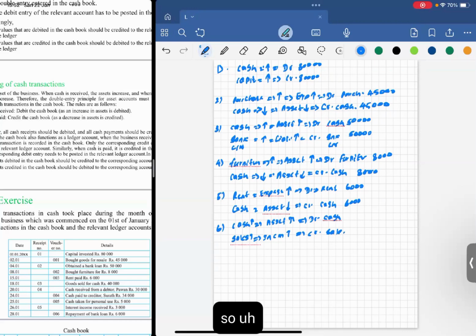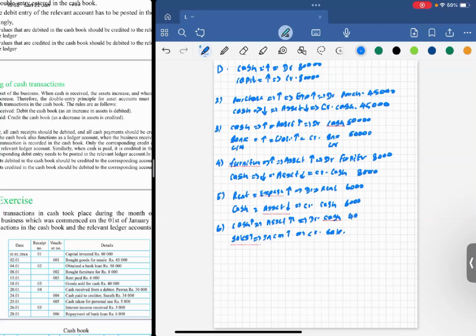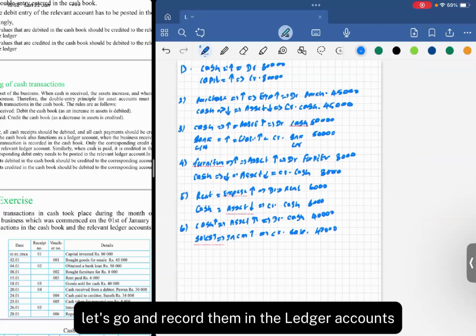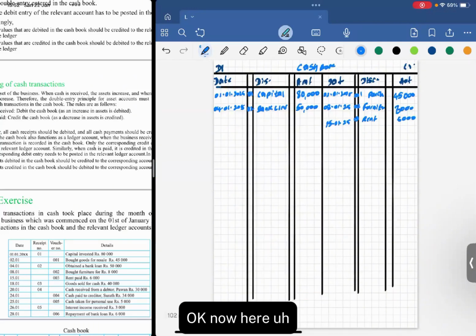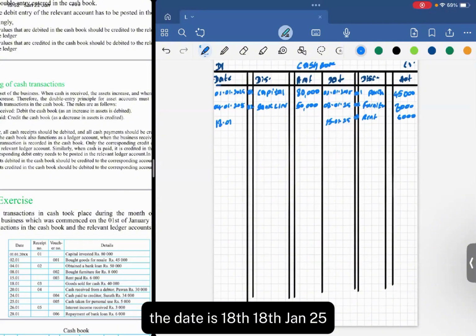So there we are debiting the cash account by 40,000 and crediting the sales account by 40,000. Let's go and record them in the ledger accounts. Now here the date is 18th Jan 25.